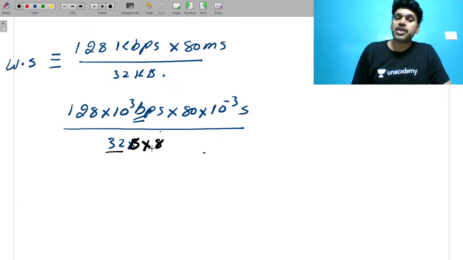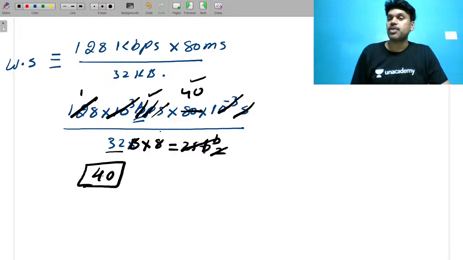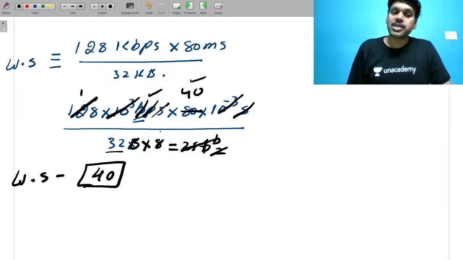So this value is 256, 32 into 8 is nothing but 256. So 128 into 80 is 10240, 10 power 3, s cancel. Finally 40 is left, and b also cancels. So your value is how much? 40. So your window size is equal to 40.